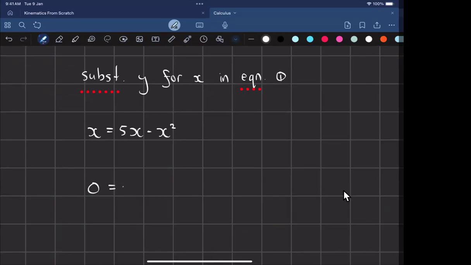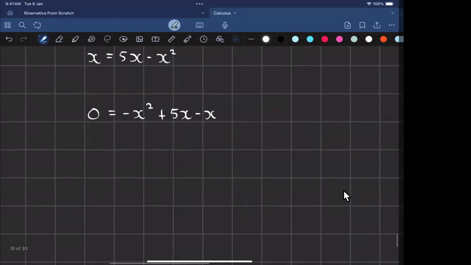Right, so 0 is equal to minus x squared plus 5x minus x, so it'll just be 4x. We end up with 0 is equal to minus x squared plus 4x.